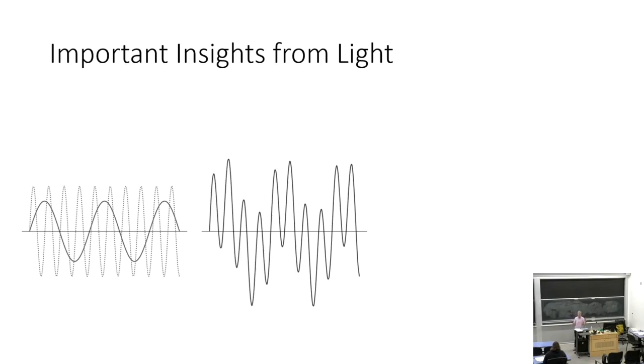It travels with a known speed of about 300 million meters per second, which is really fast. And when two waves, two photons, take up the same space at the same time, we get superposition.